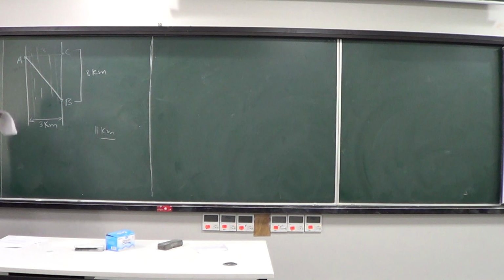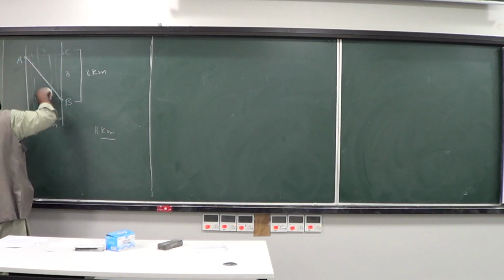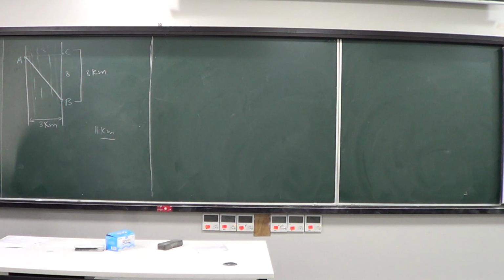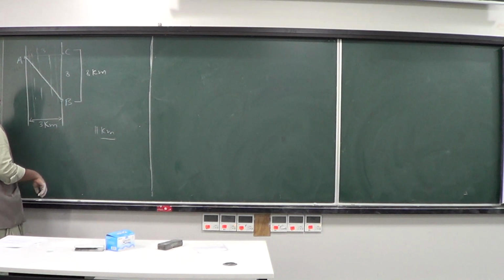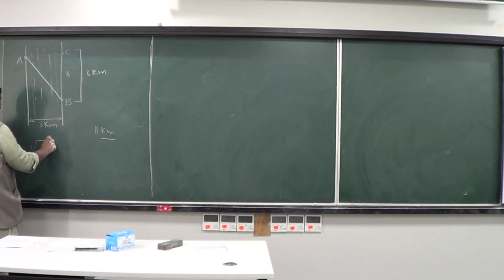So in this case, how much distance does he have to cover? This becomes a right angle triangle. If you think carefully about it, this distance will become square root of 8 square plus 3 square.